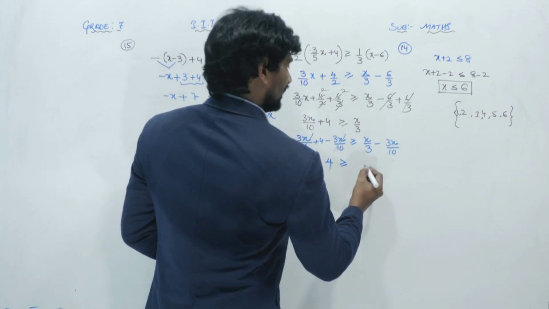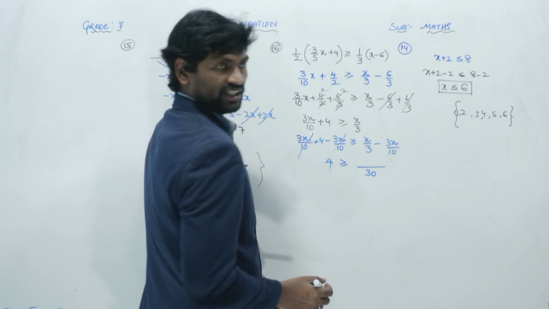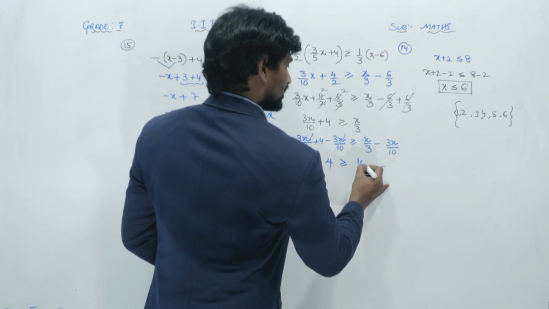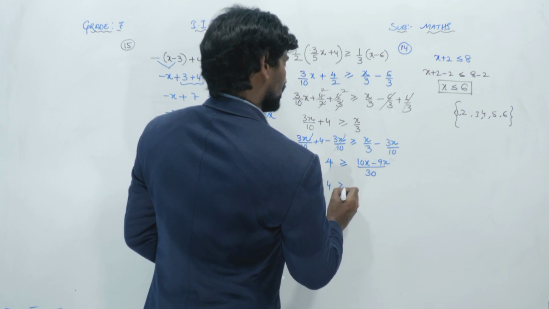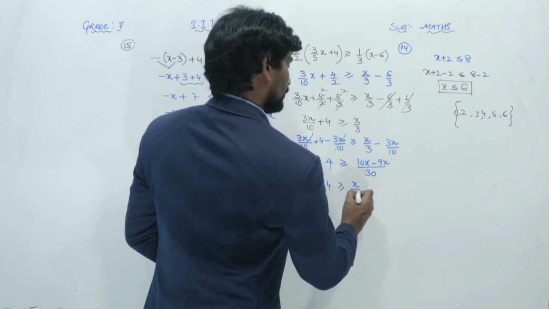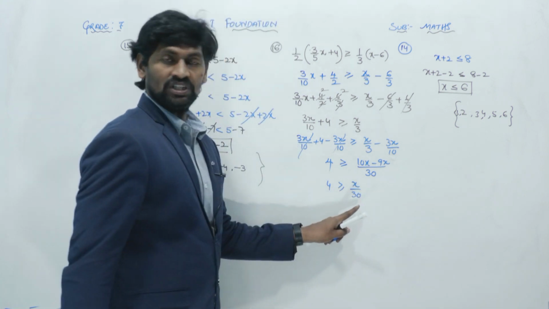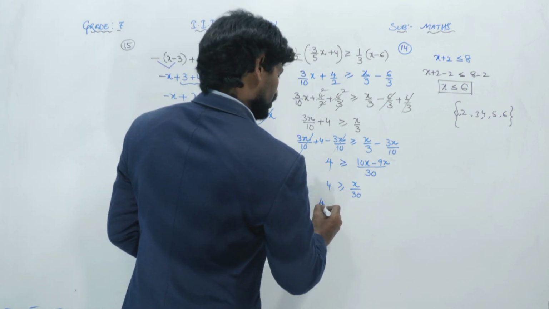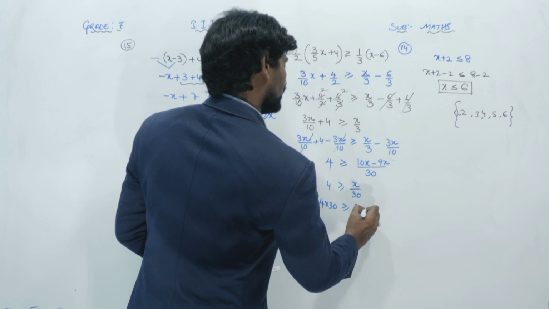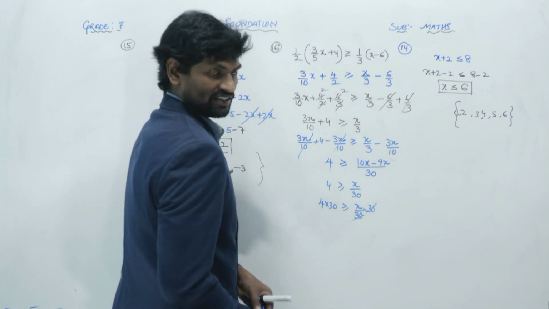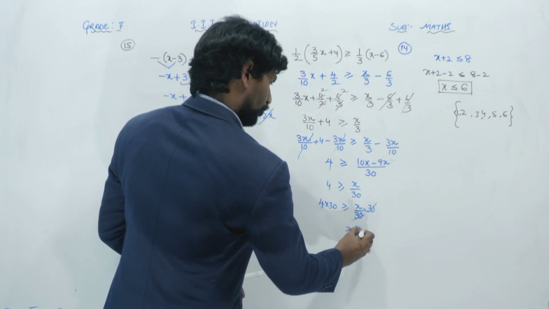Now the LCM of 3 and 10 is 30. So 10 into x, 10x, 3 into x, 9x. So 4 greater than or equal to x by 30. So to remove 30, multiply both sides. 4 into 30 greater than or equal to x by 30 into 30. So 30 cancels, x value 120.